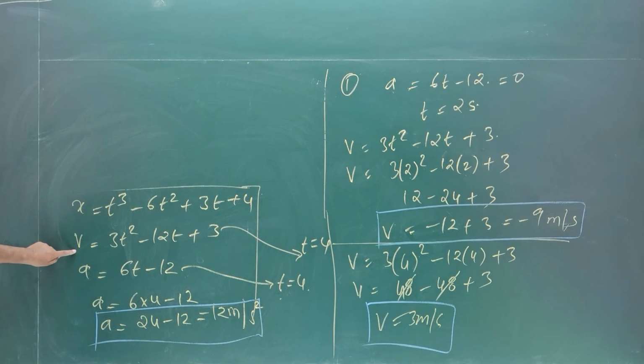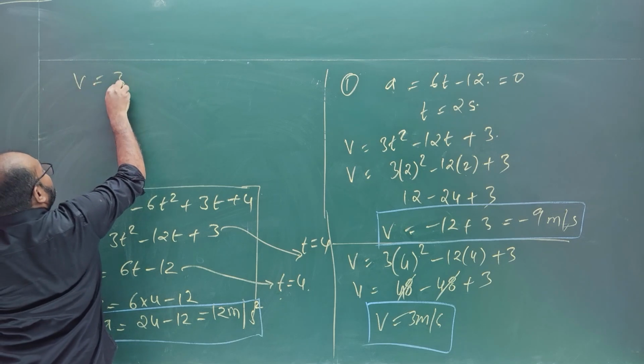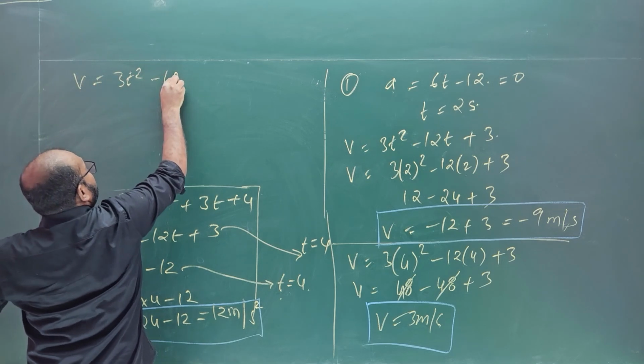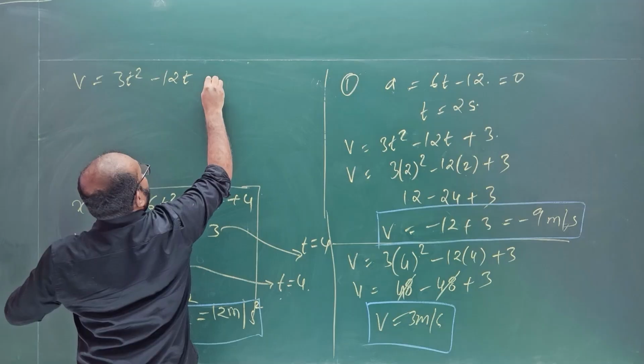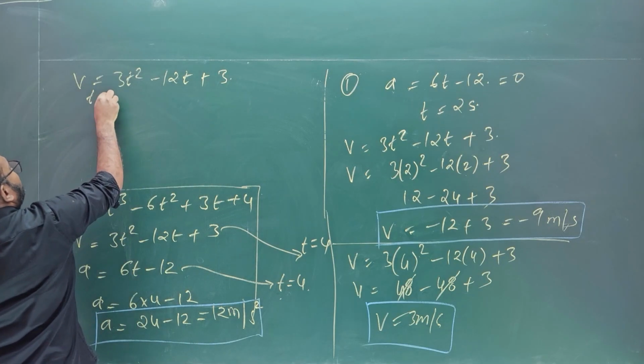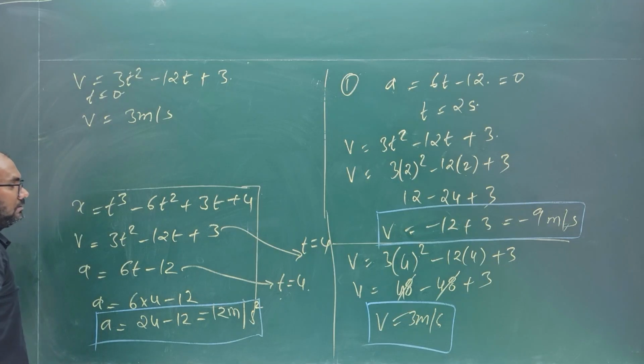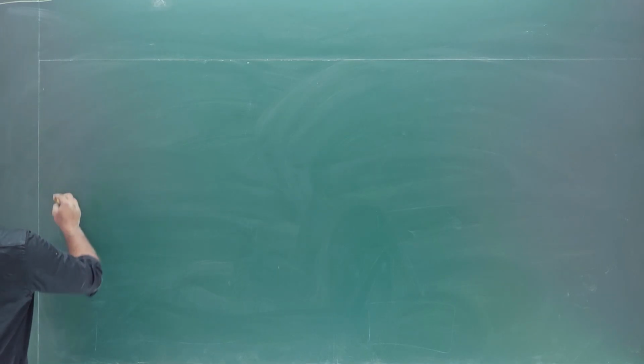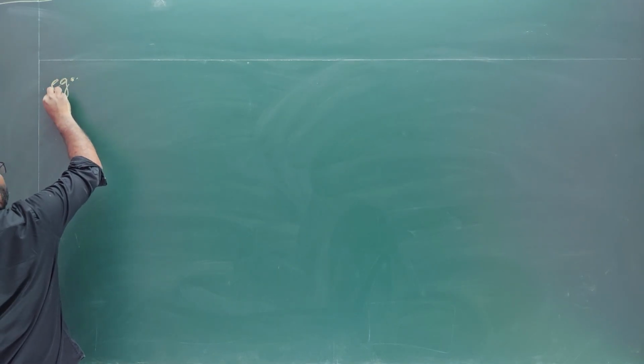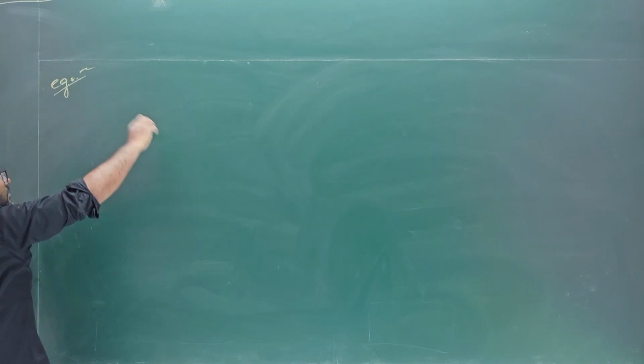Okay, substituting t equals 0, so v equals 3t square minus 12t plus 3, with t equals 0, so v equals 3 meter per second. Example number, whatever it may be, chalo.